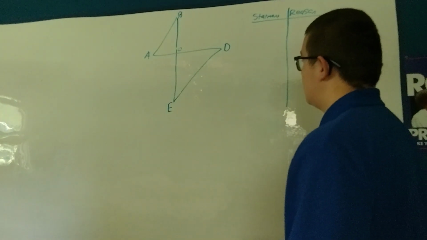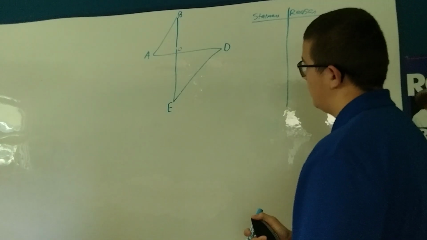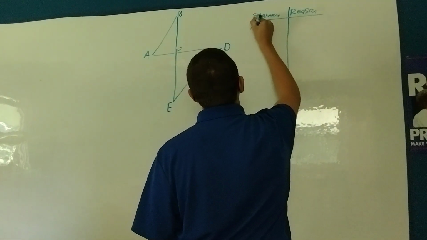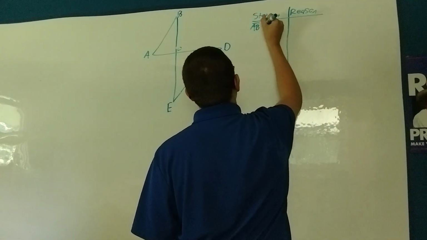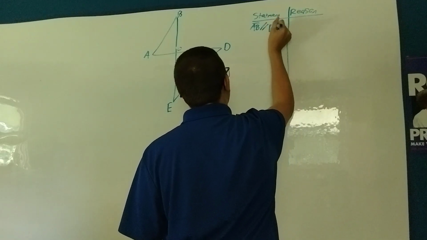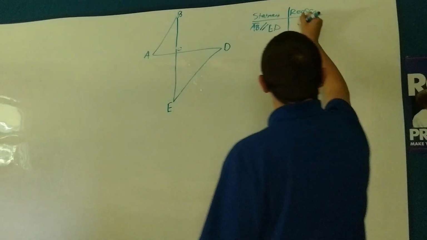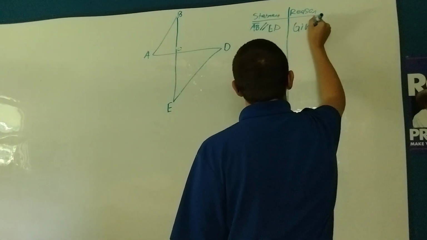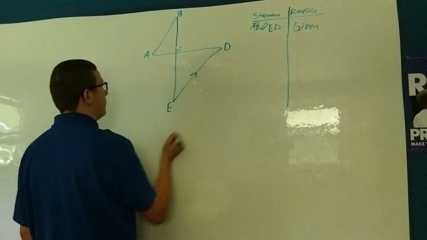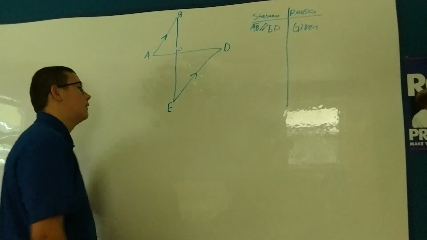And you'll be given that, let's say AB is parallel to ED. And I think that should be enough. So if I write that out here in our diagram, we can say that is parallel to that.